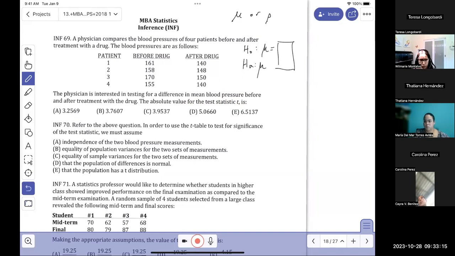Now, whatever number I put here, I also have to put here. So what number am I putting here? What am I testing for?